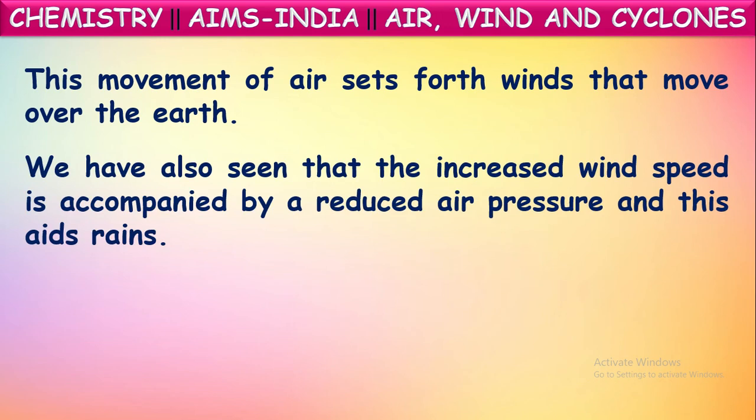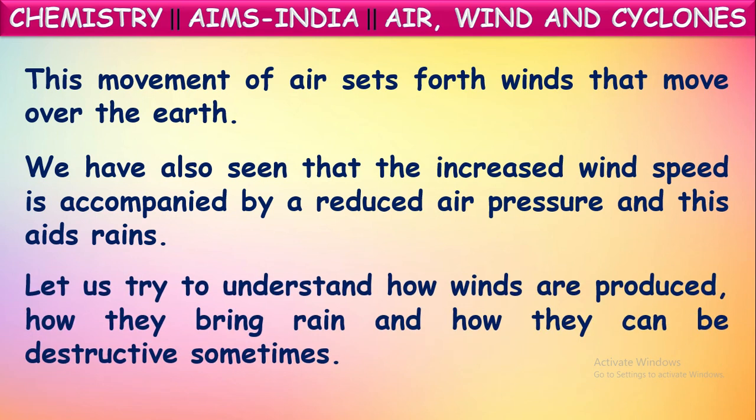We have also seen that the increased wind speed is accompanied by a reduced air pressure, and this aids rains. Yes. So, as we have studied, as the difference between the air pressure increases, wind speed also increases, and thus it causes rains also.